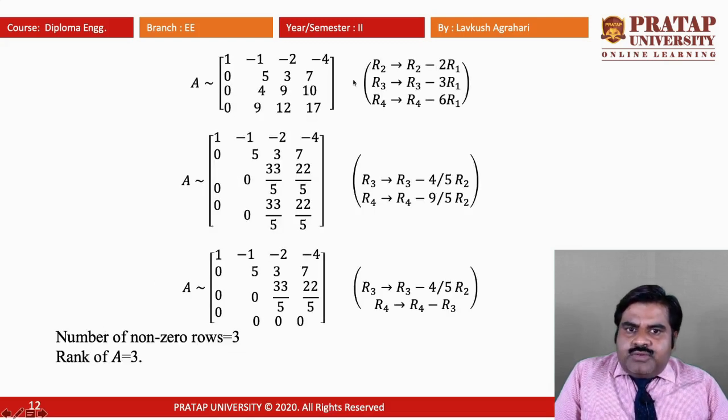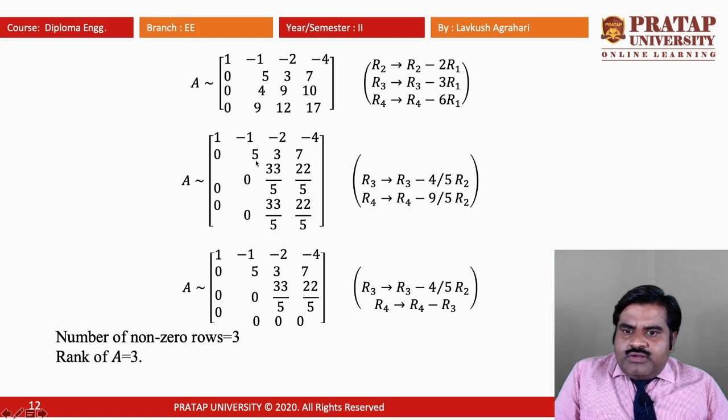Now there are three operations: R2 is replaced by R2 minus 2R1, R3 is replaced by R3 minus 3R1, and R4 is replaced by R4 minus 6R1. By these operations, we obtained the elements of the first column equal to 0 except the element A11.